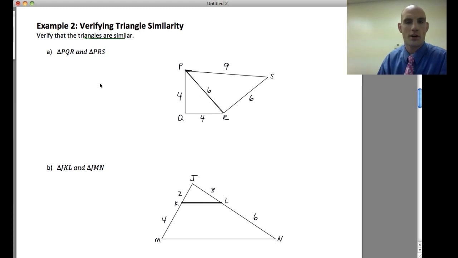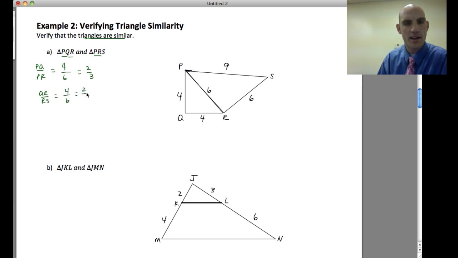So let's see what we know. I'm going to test this first. We want to compare PQ to PR. So PQ over PR is equal to 4 over 6, which is 2/3. And I'm going to also compare QR to RS, the second two letters, which is 4 over 6.